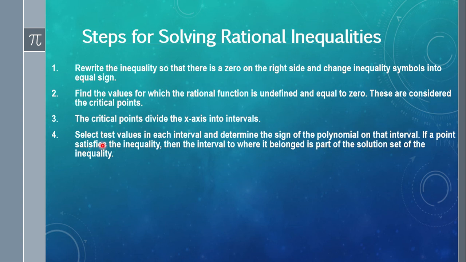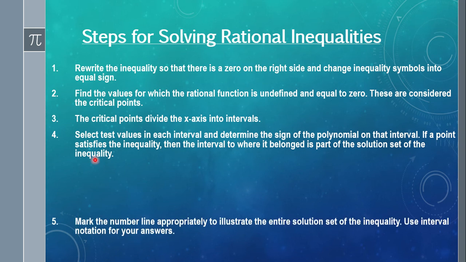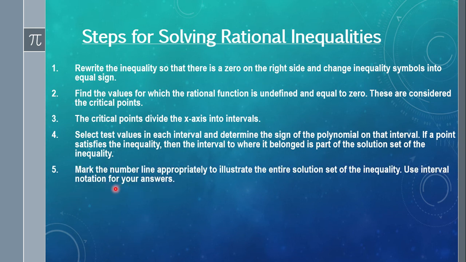If a point satisfies the inequality, then the interval to where it belonged is part of the solution set of the inequality. And for the fifth one, mark the number line appropriately to illustrate the entire solution set of the inequality. Use interval notation for your answers.